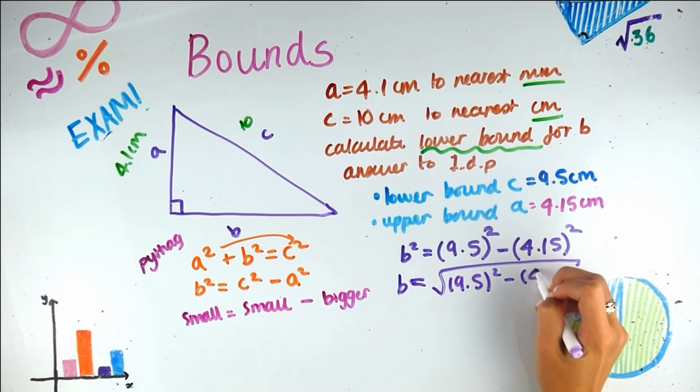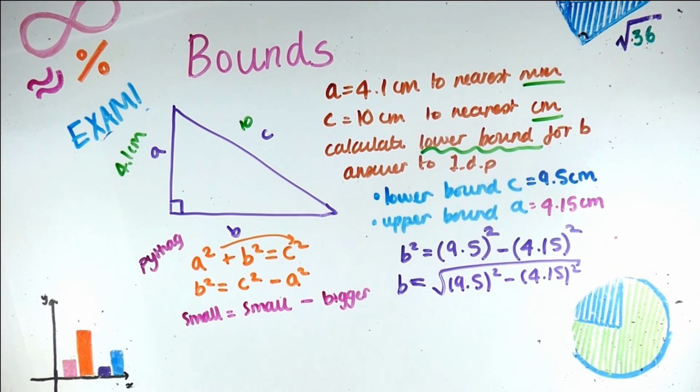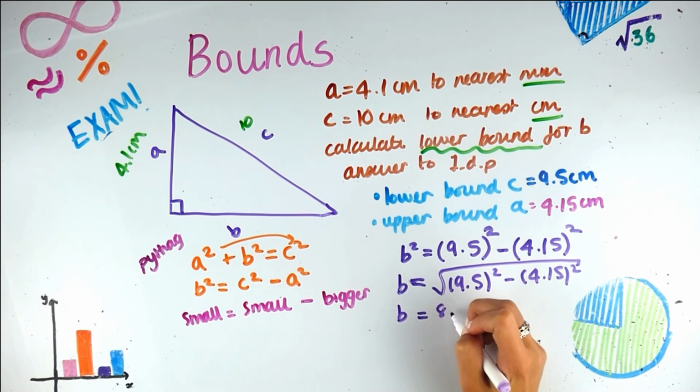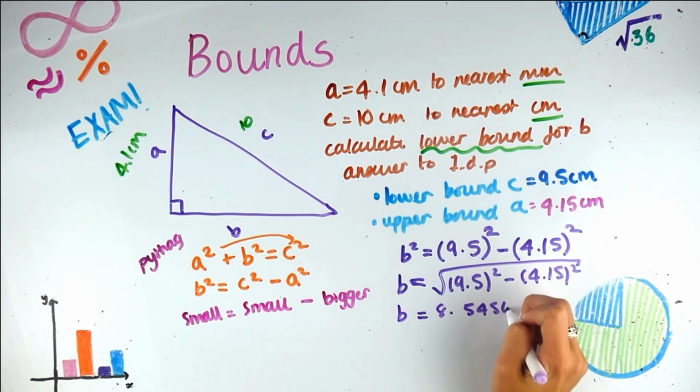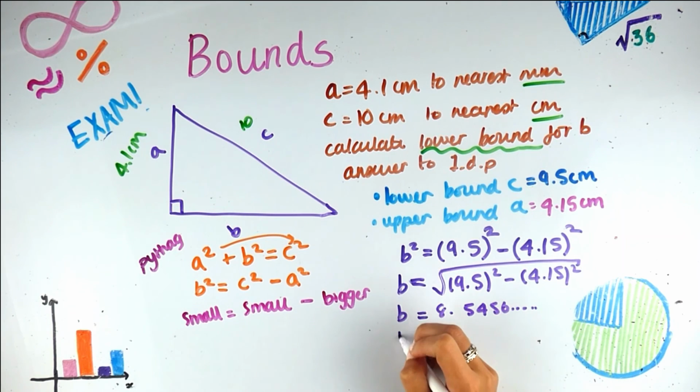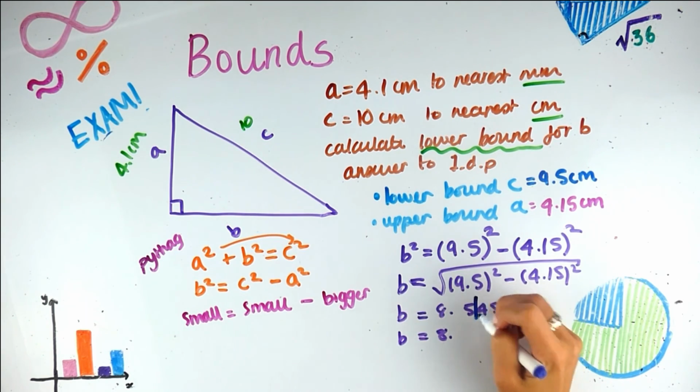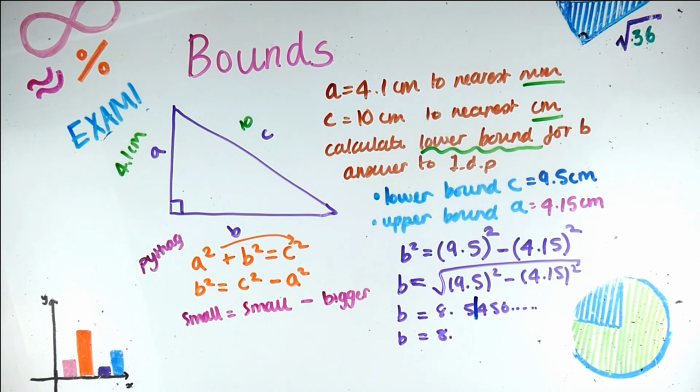And then it's saying to 1 decimal place. So the answer to that is b is 8.5456, etc. But we want it to 1 decimal place, so we want it to here. We look at 4, which is less than 5, so we don't round up. We leave it as 5, and then that is centimetres.